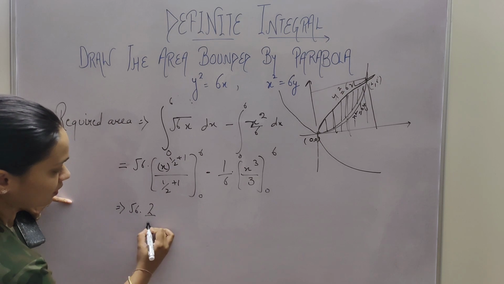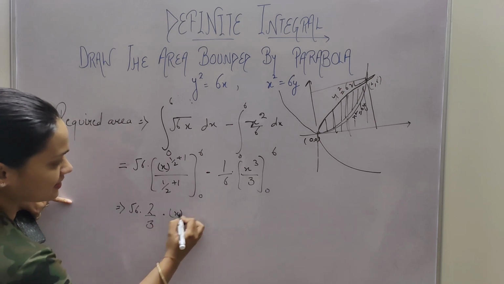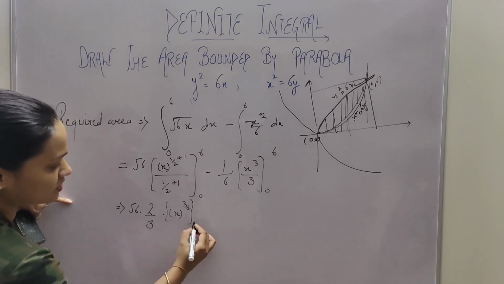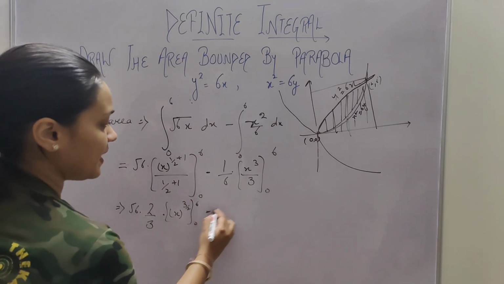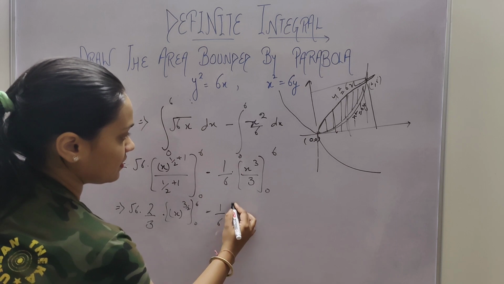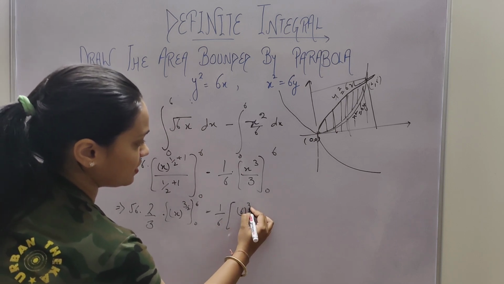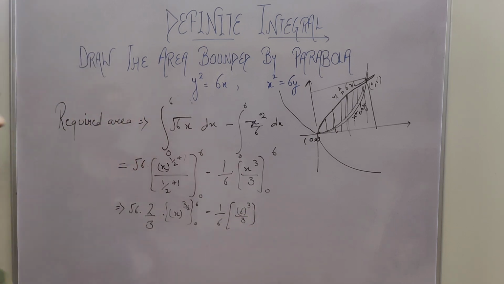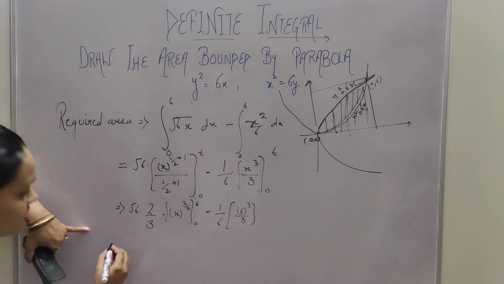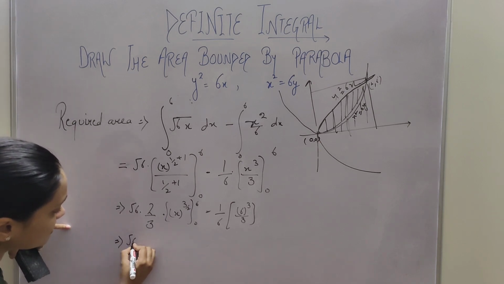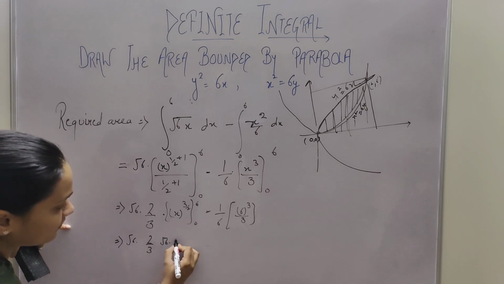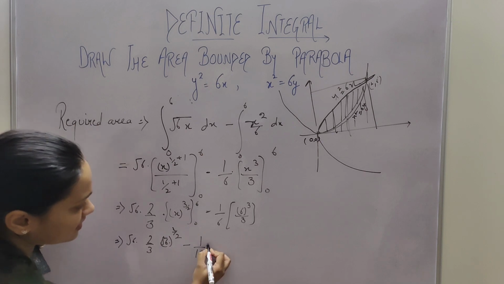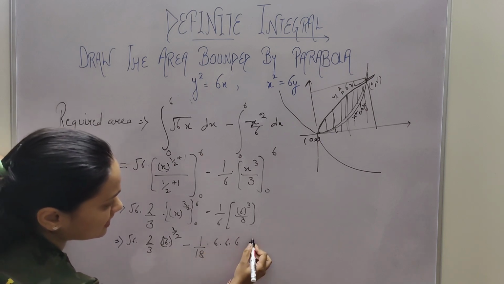root 6, 2 upon 3 x to the power 3 by 2, values are between 0 to 6, putting this value, minus 6 of cube upon cube. So putting this value in this equation, here comes the value: root 6, 2 upon 3, 6 to the power 3 by 2 minus 1 upon 18, 6 into 6 into 6.